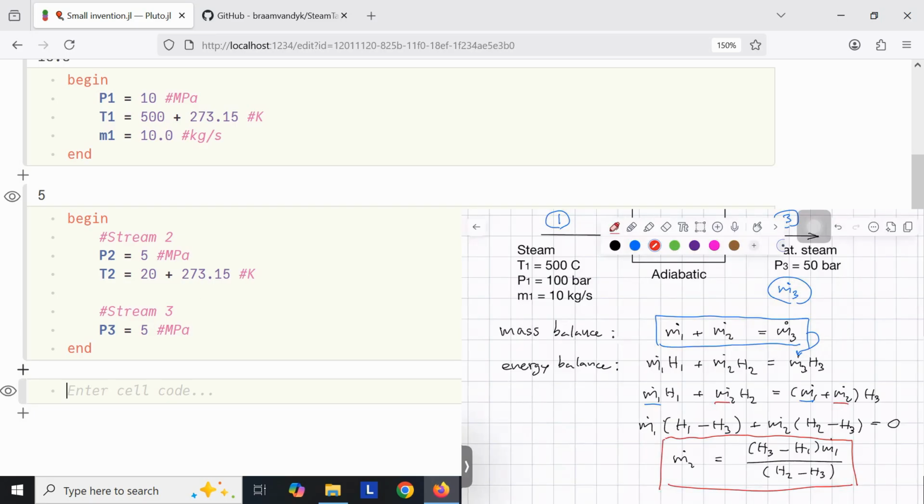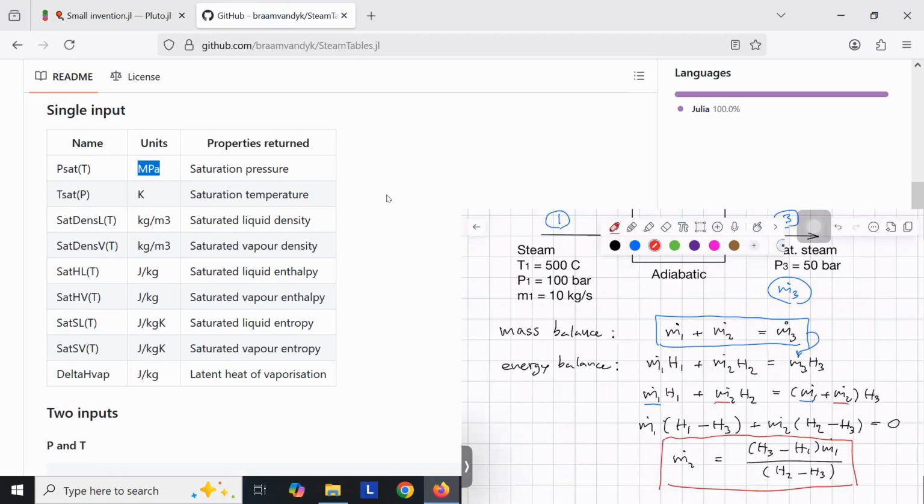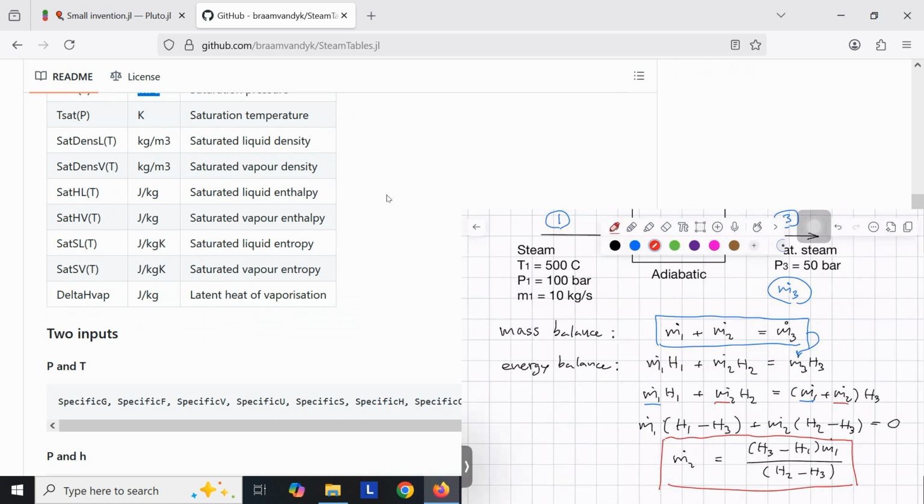So next, basically, we need enthalpy. In order to do energy balance, we need enthalpy H1, H2, and H3. I'm going to call the command from the SteamTable library. If you look at the command, for stream number 1, it is superheated steam.